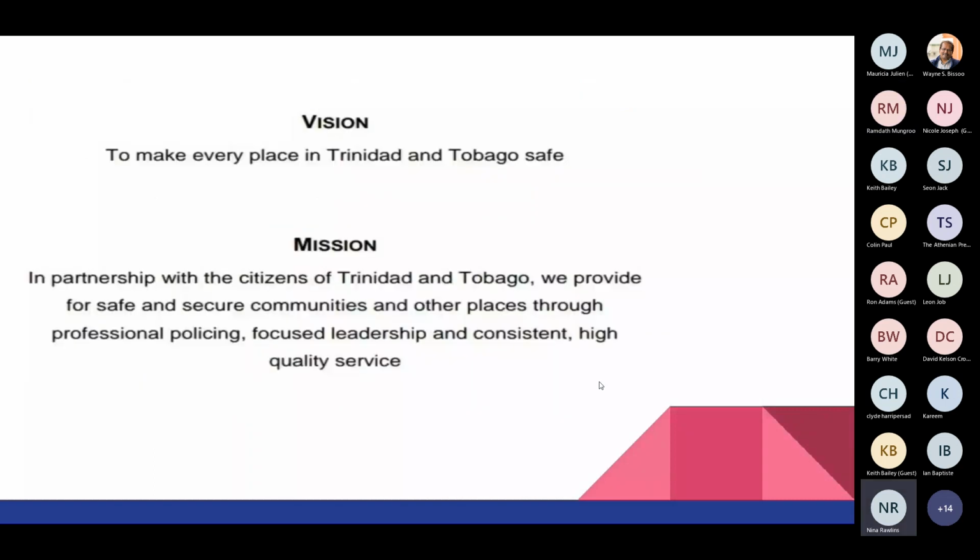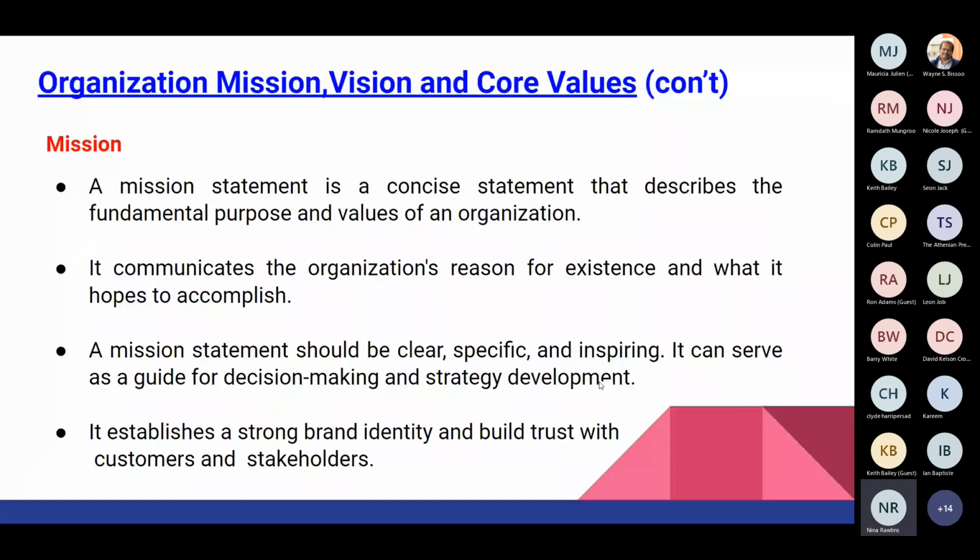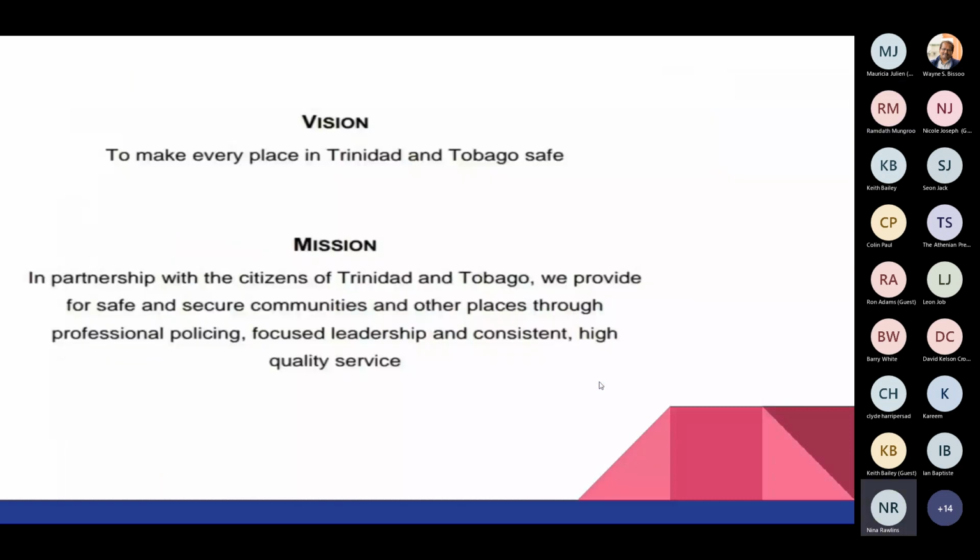Here we have an example of a mission statement, and I'm certain that many of you, my colleagues, would be familiar with this particular mission statement and vision. And in this mission statement, what it speaks about is the partnership with the citizens of Trinidad and Tobago.